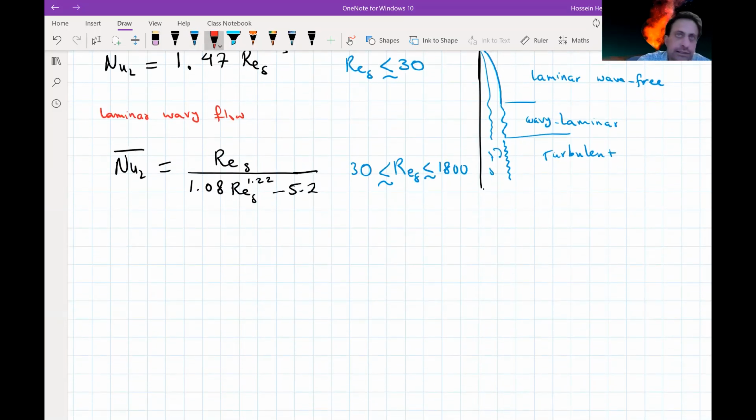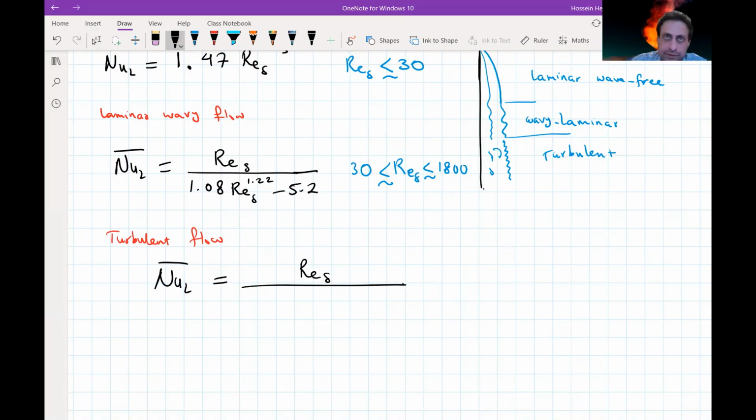And then for the turbulent flow, this Nusselt number L would be Reynolds number delta divided by 8750 plus 58. Here the Prandtl number comes into play.